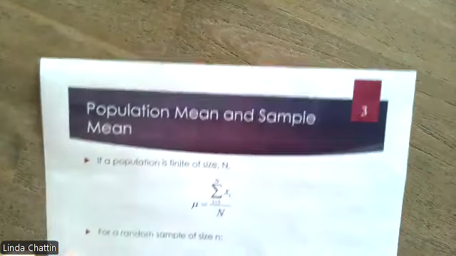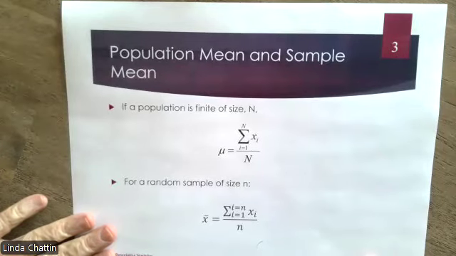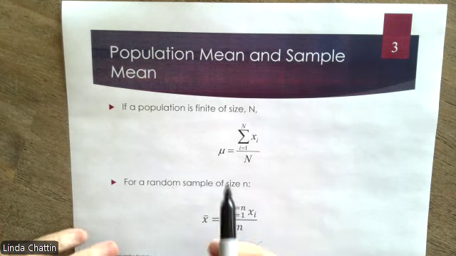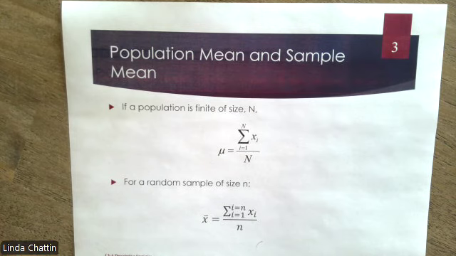Okay. So now, what is the difference between a population mean and a sample mean? If we had a finite population, and it doesn't have to be finite, this is just an example, notice what the formula is here. I'm going to use two different colors here. I'm going to use purple when I'm talking about a population, and blue when I'm talking about the sample.